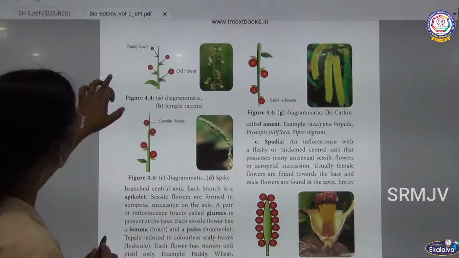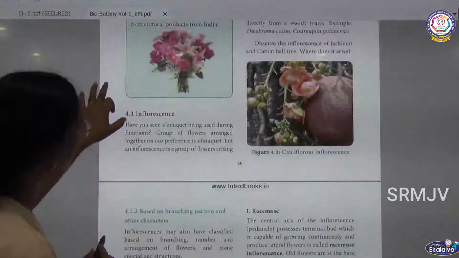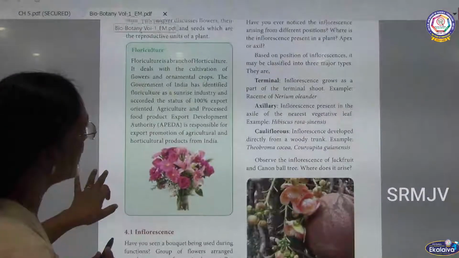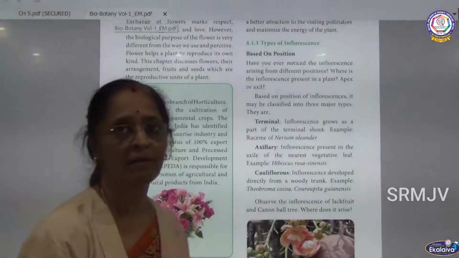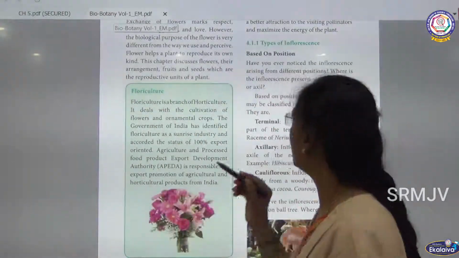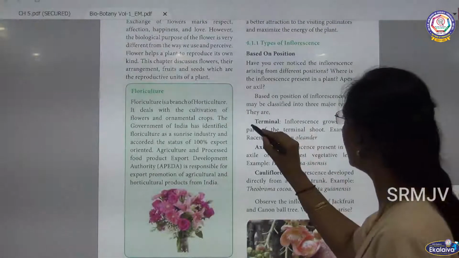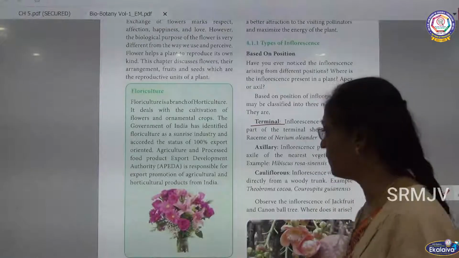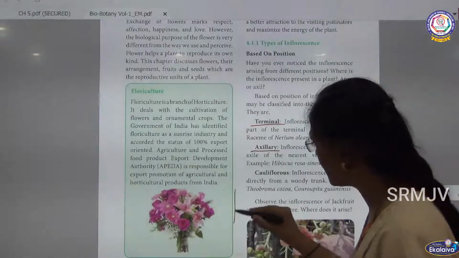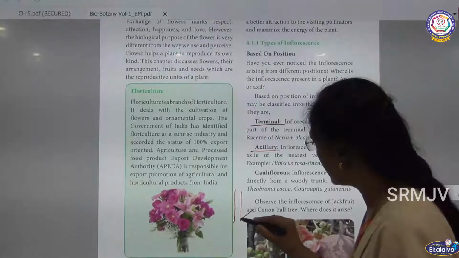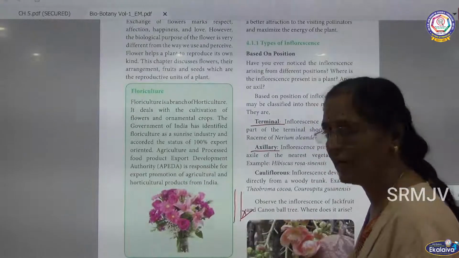Now, we will see that based on the position where they are born, the inflorescence may be terminal or it may be axillary. You all know what is axil. If this is a stem, from the node the lateral branch arises, and this is what we call an axil.